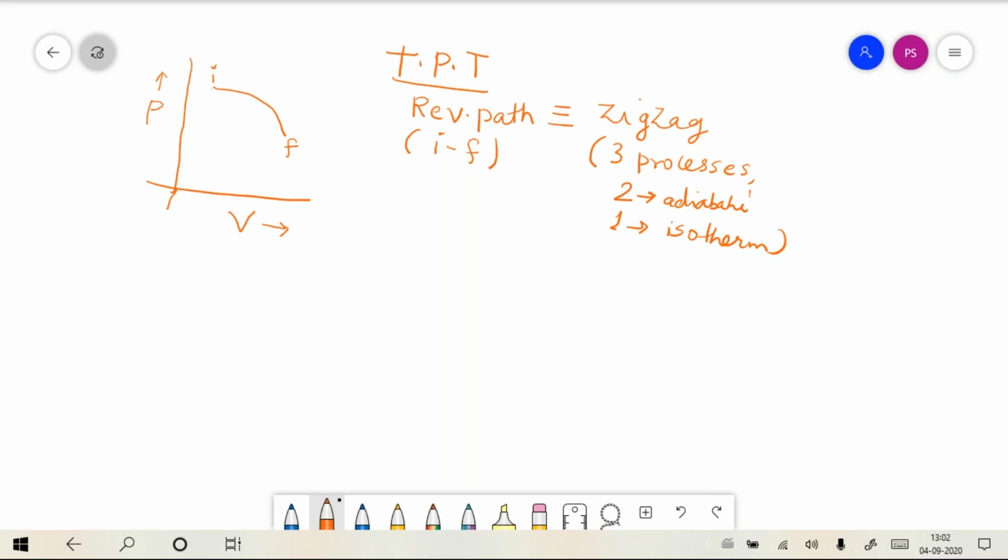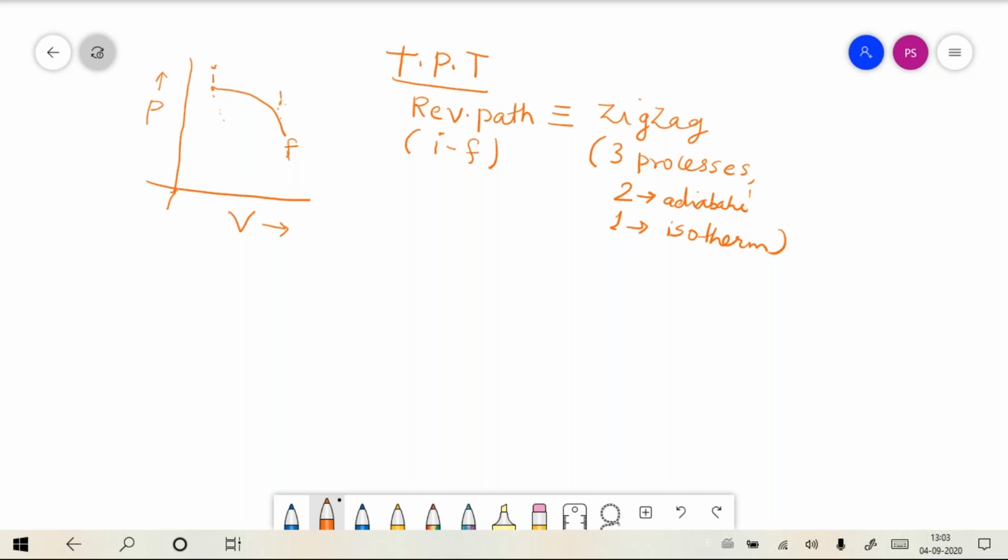So let me draw adiabatic lines. Let us say this is adiabatic, this is adiabatic.